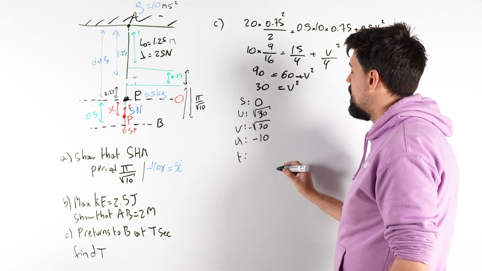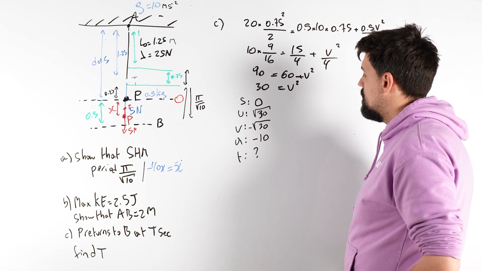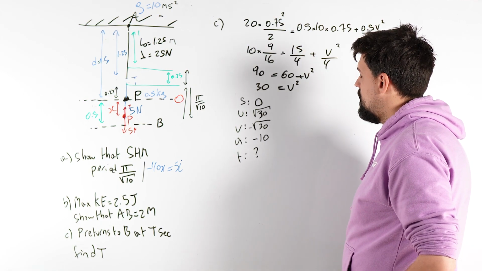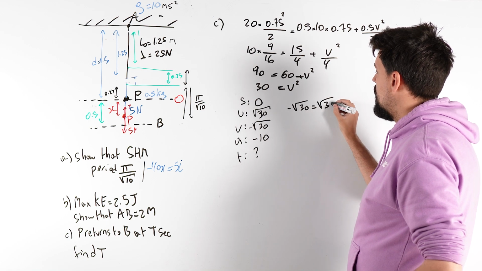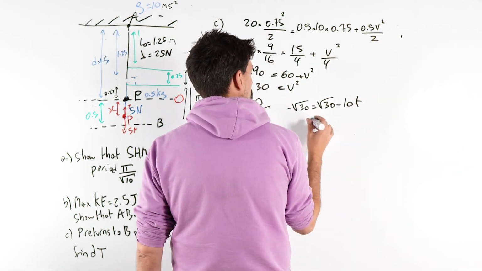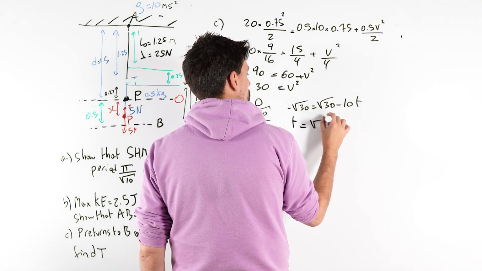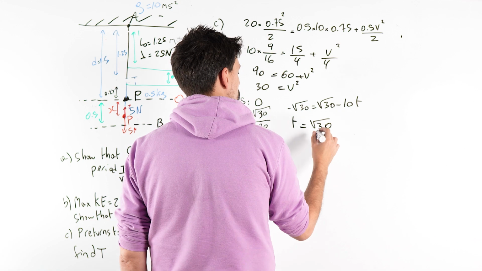Our acceleration is minus 10. It's t that we're interested in. So minus root 30 is root 30 minus 10t. So t is root 30 over 5.